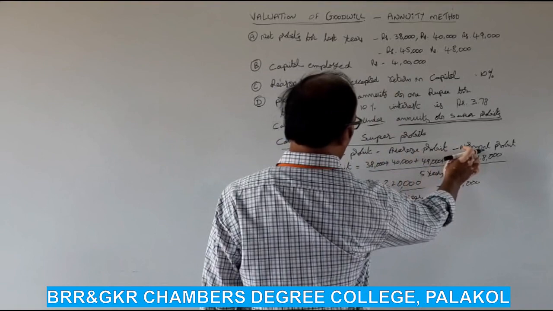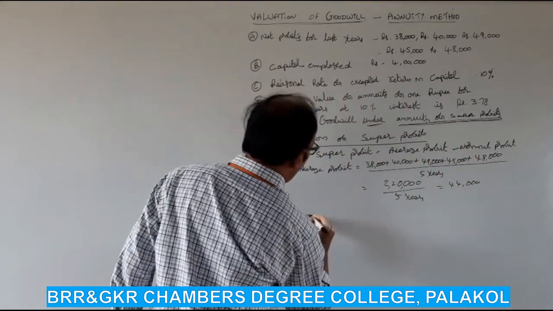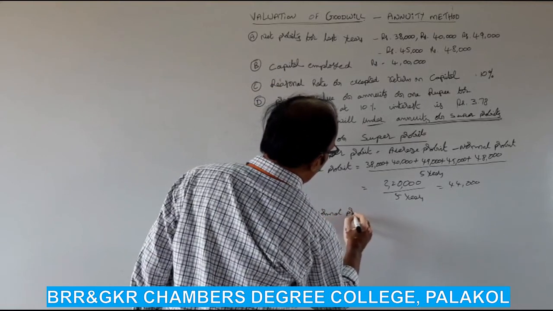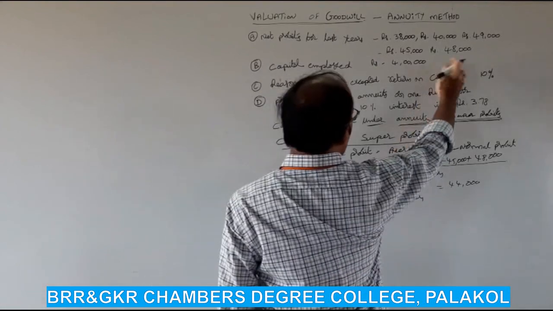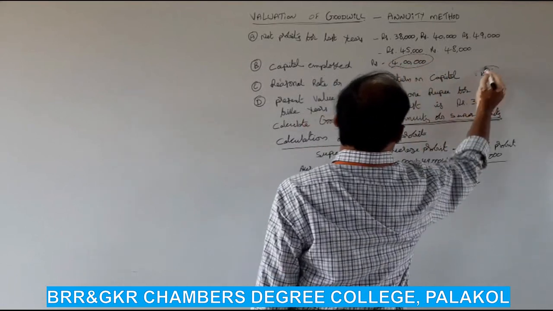From this, we have to deduct the amount of normal profit. You know very well the principle for normal profit. Normal profit is equal to capital employed into normal rate of return.